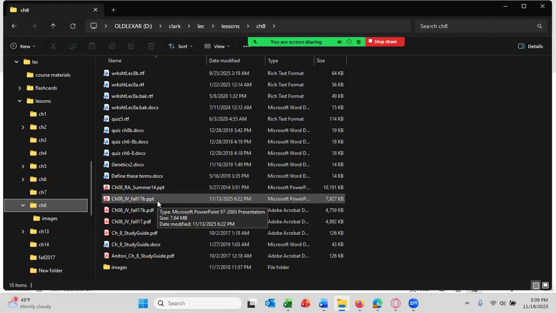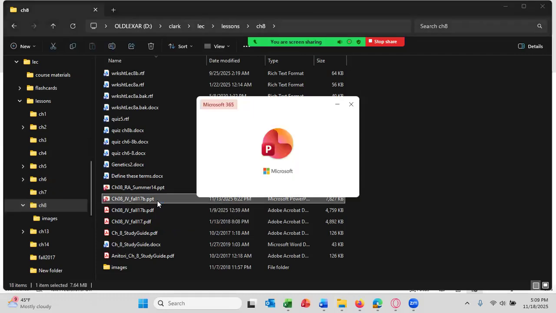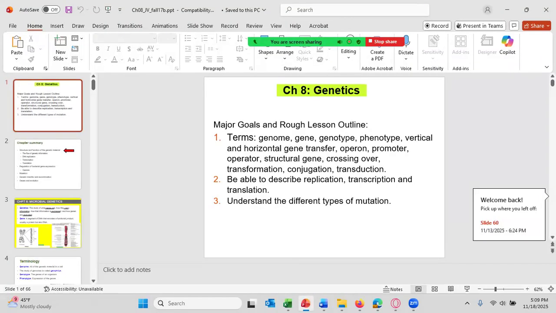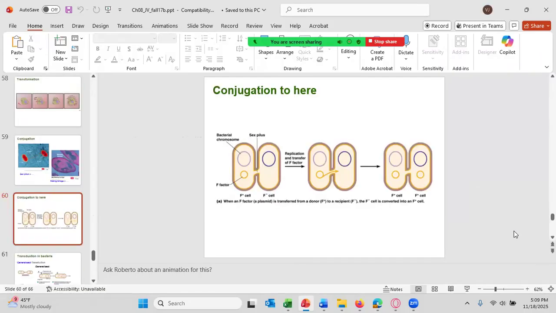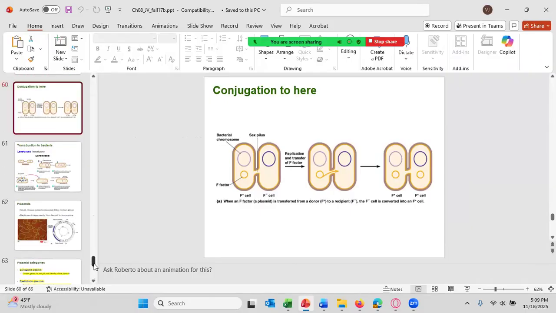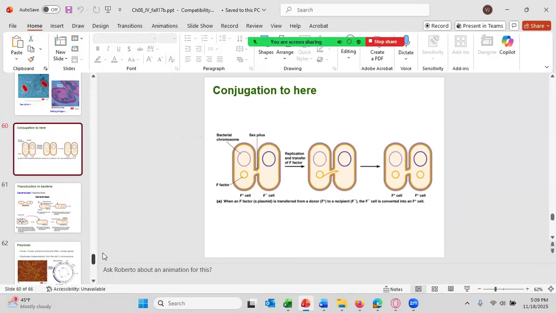That's it. I'll have to restart it because for some reason it's being very slow. So it looks like we're on slide 60. We need to get to slide 66 to finish this chapter.